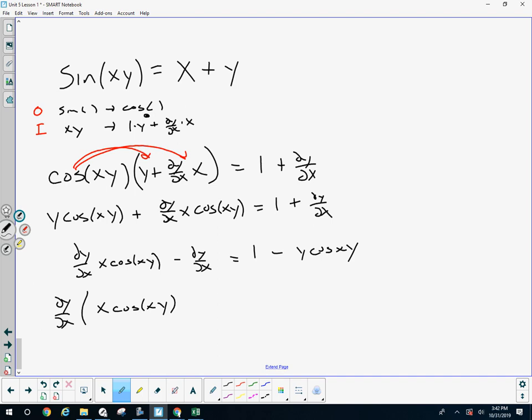I'm going to pause right here, let you catch up. Factoring out the dy/dx from the dy/dx, don't neglect to put the 1 there. Got the right side. And then I divide.